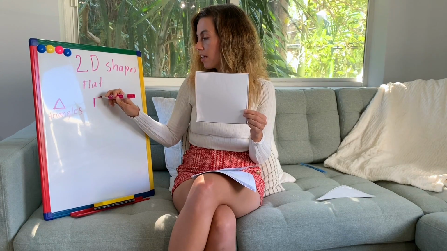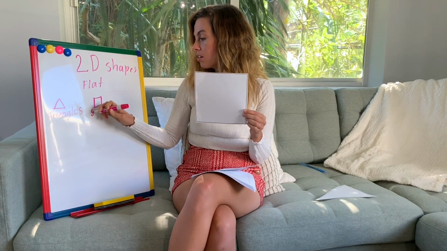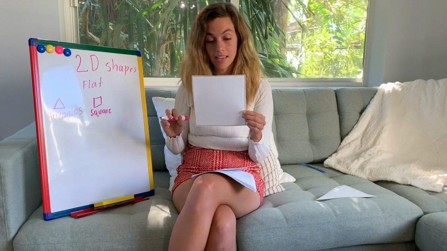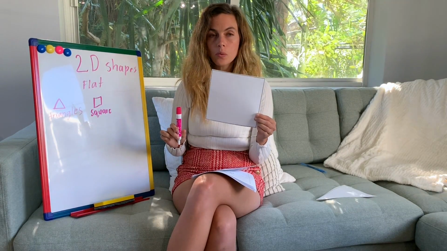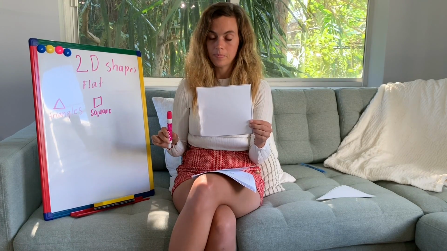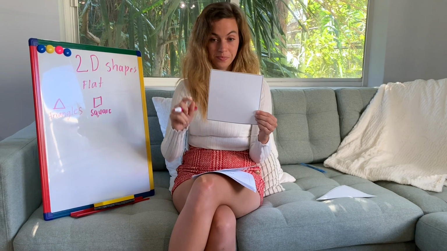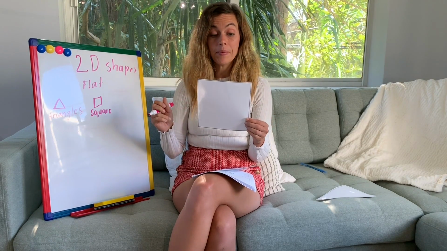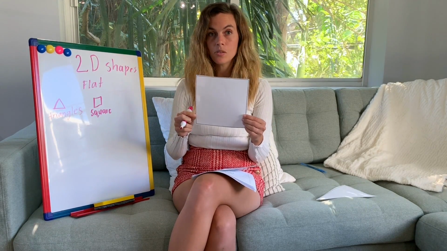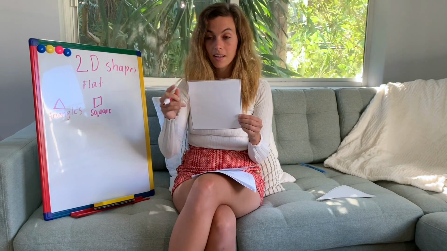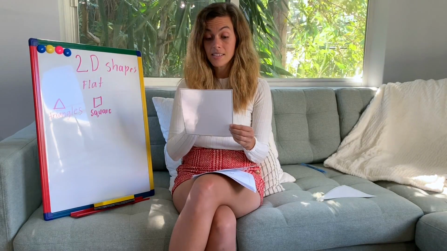And squares have 4 sides, and all of the sides are the same size. Okay, so where might you see a square? Remember, it's a flat shape. Okay, maybe a window is a square. So windows might be rectangles or they might be squares. A side on a die.